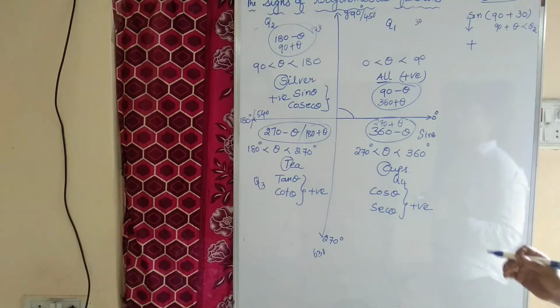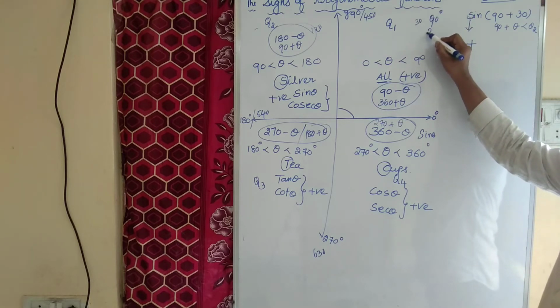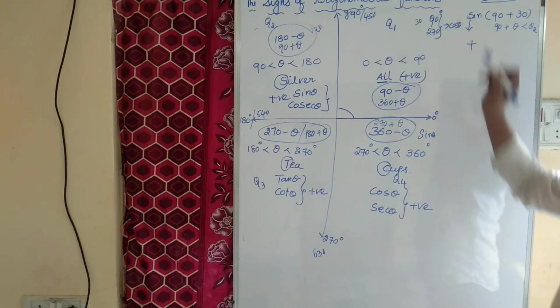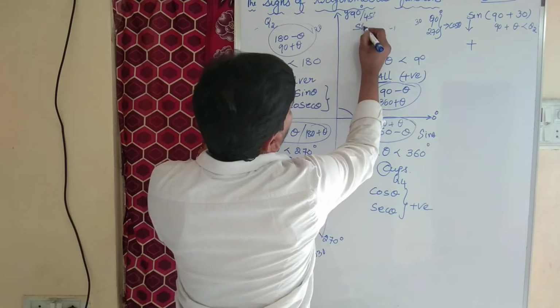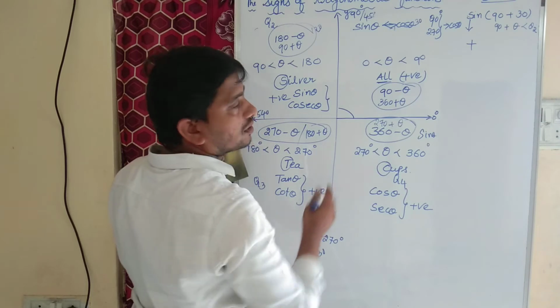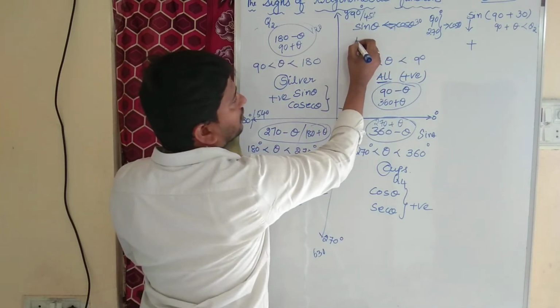And one more convention is here. If it is 90 degrees and 270 degrees, sine is going to change as cos theta, children. Cos theta is going to change as sine theta.